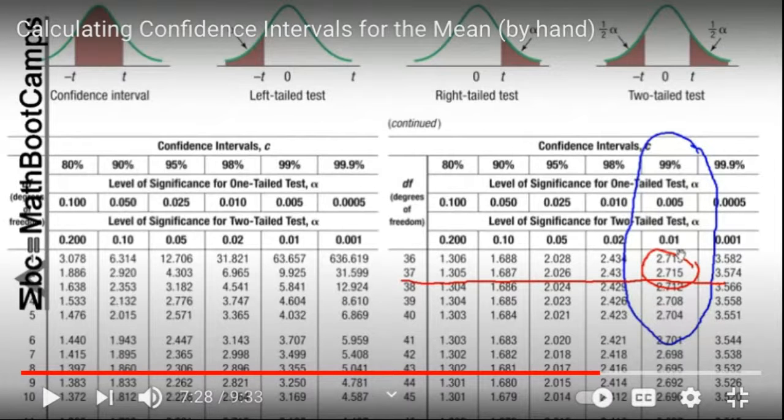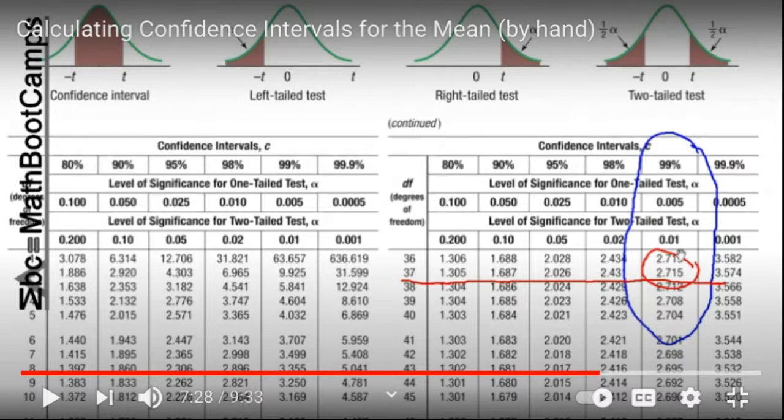You don't have to really worry about this. You'll see here a level of significance for one-tailed test and a level of significance for a two-tailed test. Okay? Can anybody think of what that means? What is a one-tailed test and what is a two-tailed test?